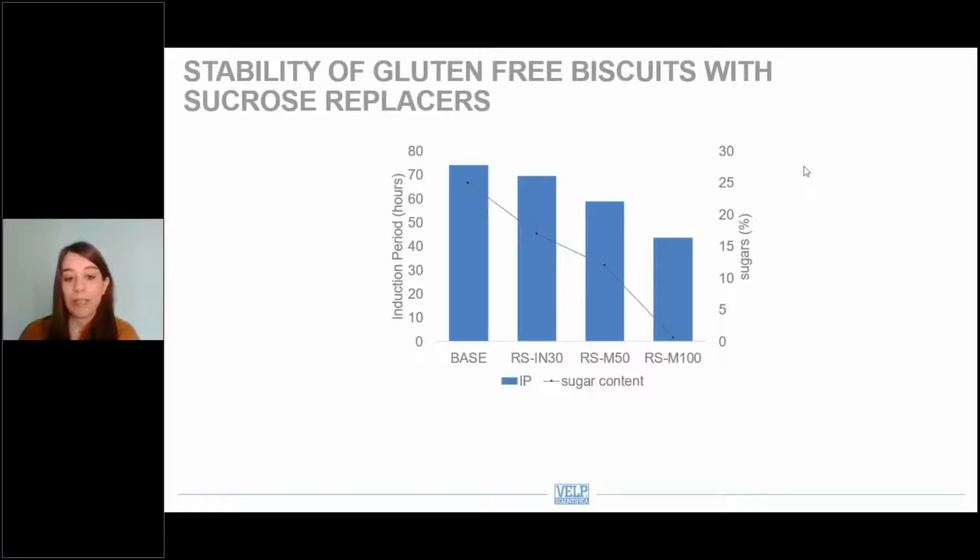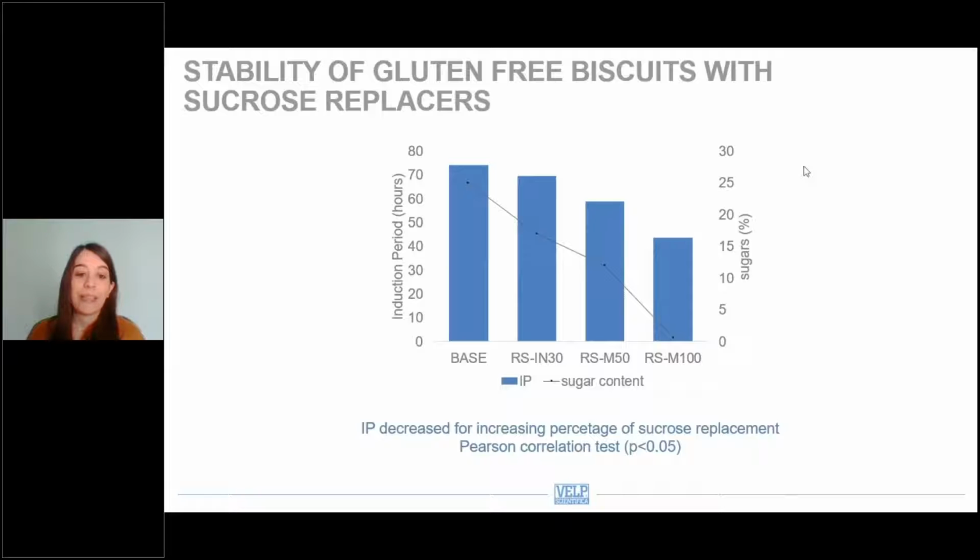So it is interesting to see that EP decreased for increasing percentages of sucrose replacement. However, this data needs further insights and a wider number of samples in order to confirm and understand the phenomena behind these results.